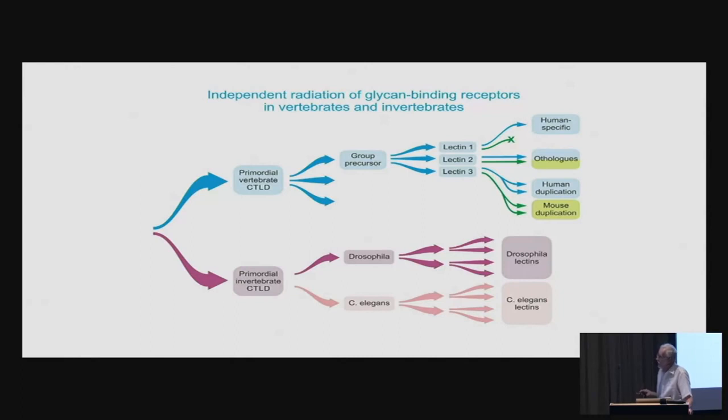There are quite a number that do exist widely across the animal kingdom, but there are also ones where there are now two versions in humans or multiple versions in mice. And there is even one, an example that isn't shown here, that has disappeared from mice but is found in most other species. And so it can be a little bit frustrating. In some cases, animal models can be very useful. In other cases, nature's already made the mouse knockout, and so we're stuck. There's not much we can learn by studying the mice.